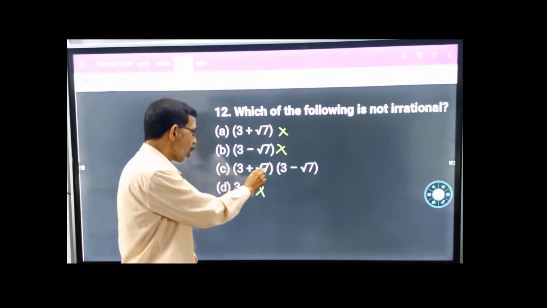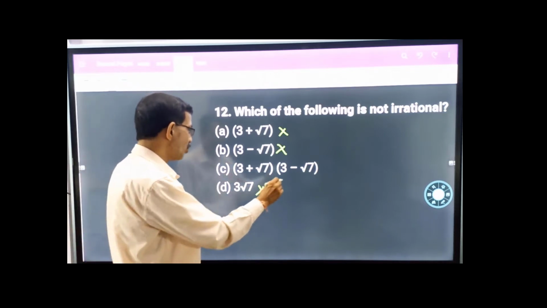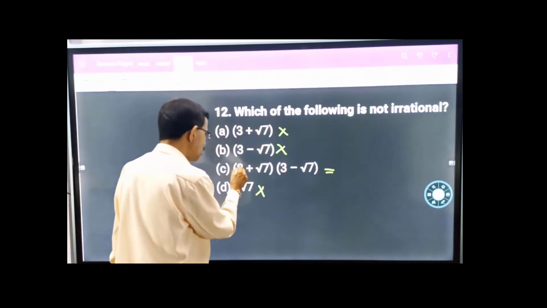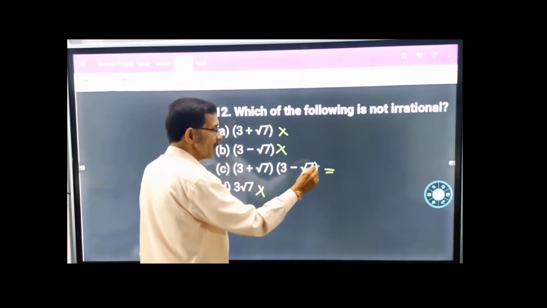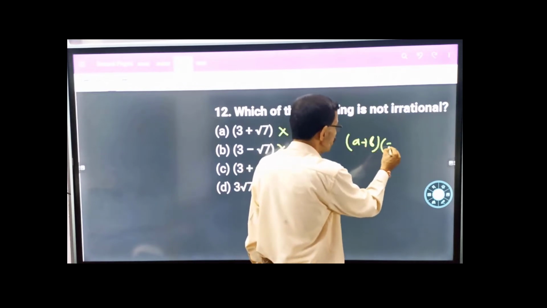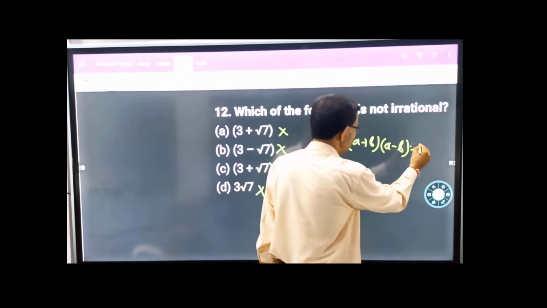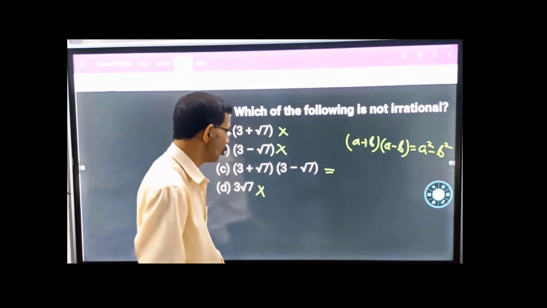And then option C is remaining. So let us find out how much this is. So this is of the type A plus B into A minus B. And we have got A plus B into A minus B is equal to A square minus B square. Same thing we will apply over here.